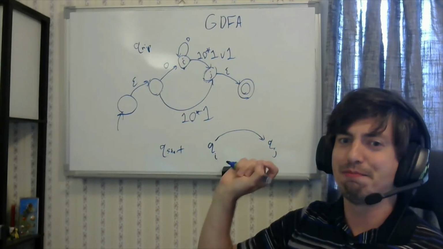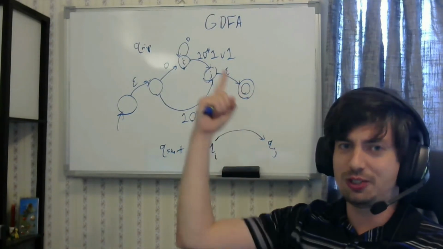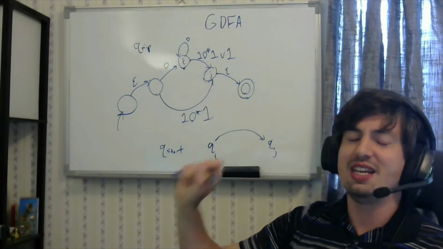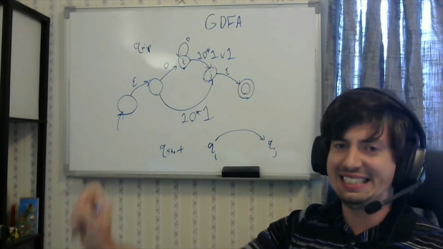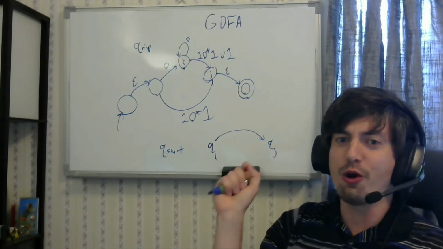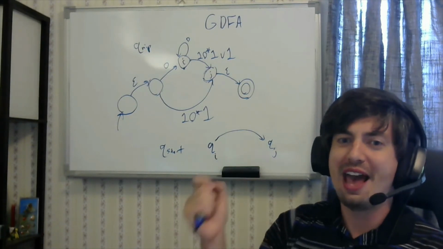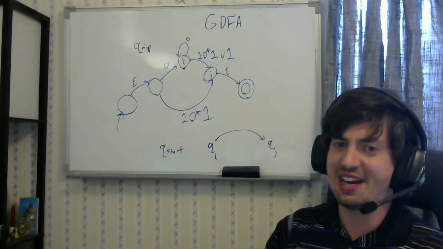And that proves by construction that any discrete finite automata can be converted into a regular expression that recognizes exactly the same language. Therefore, the two are equivalent. Regular expressions can describe every problem that is solvable by a discrete finite automata.